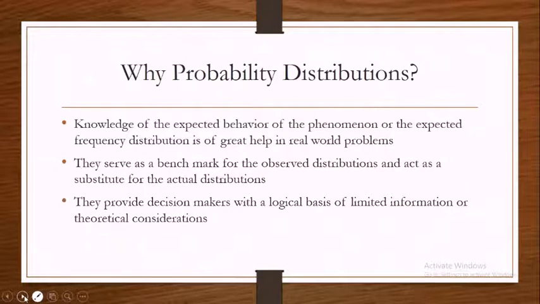That is a very simple example that I have quoted, just to make you understand the ideology of how the data is distributed. Only for that do we use probability distributions.